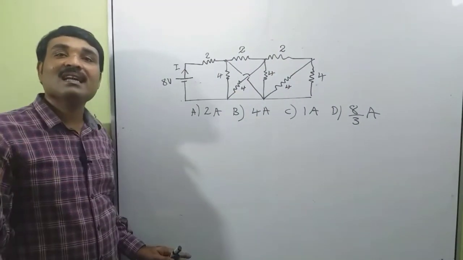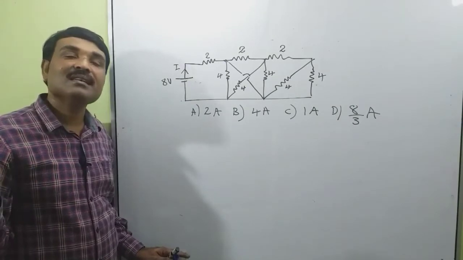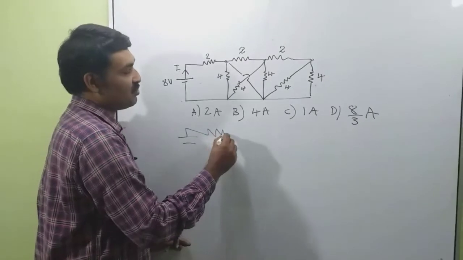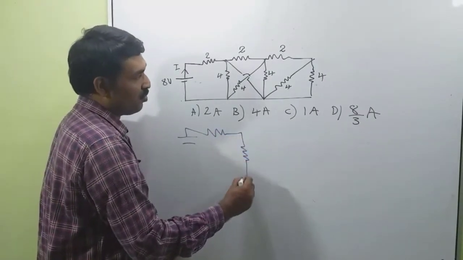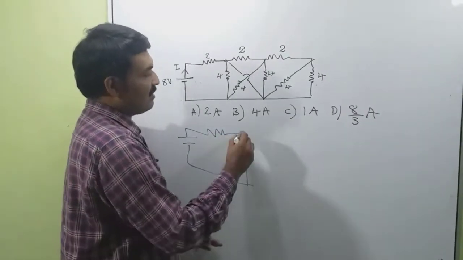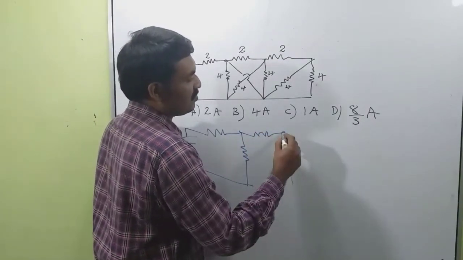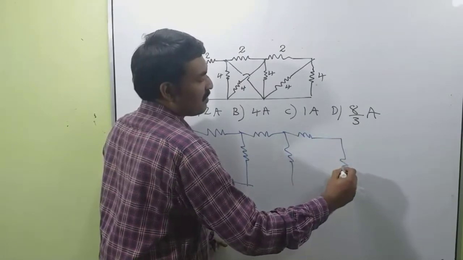So for better understanding, I am going to redraw the circuit. I am drawing 8 volt, then 2 ohm, 4 ohm, then 2 ohm, 4 ohm, 2 ohm, 4 ohm.